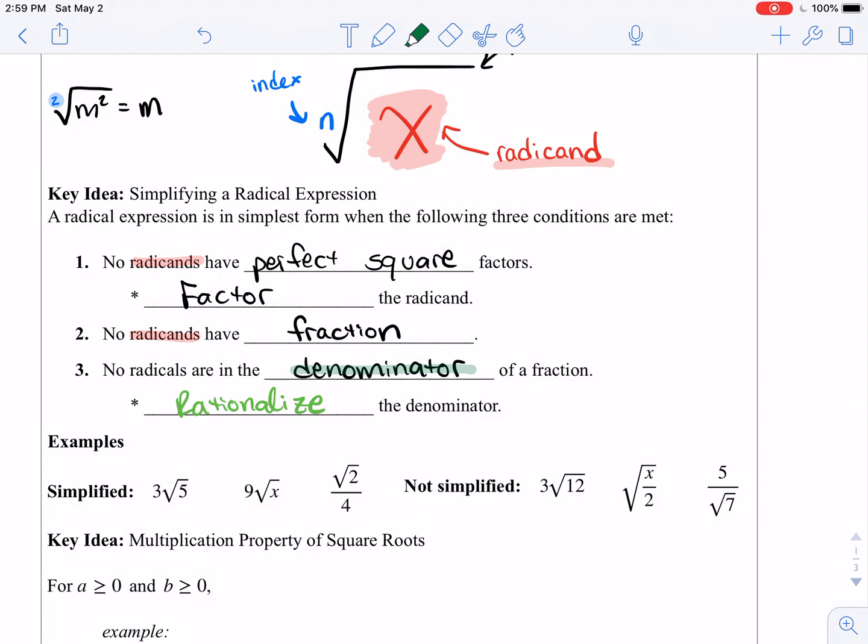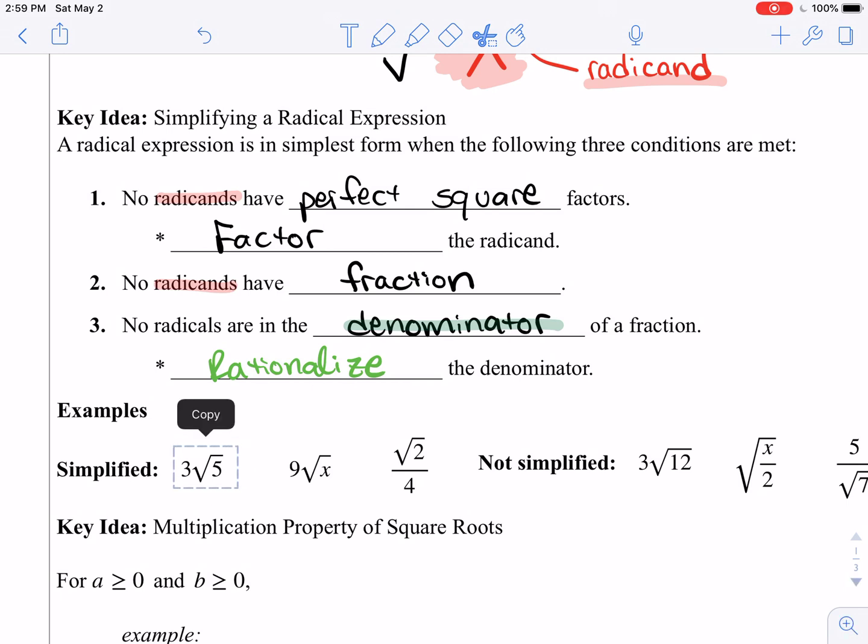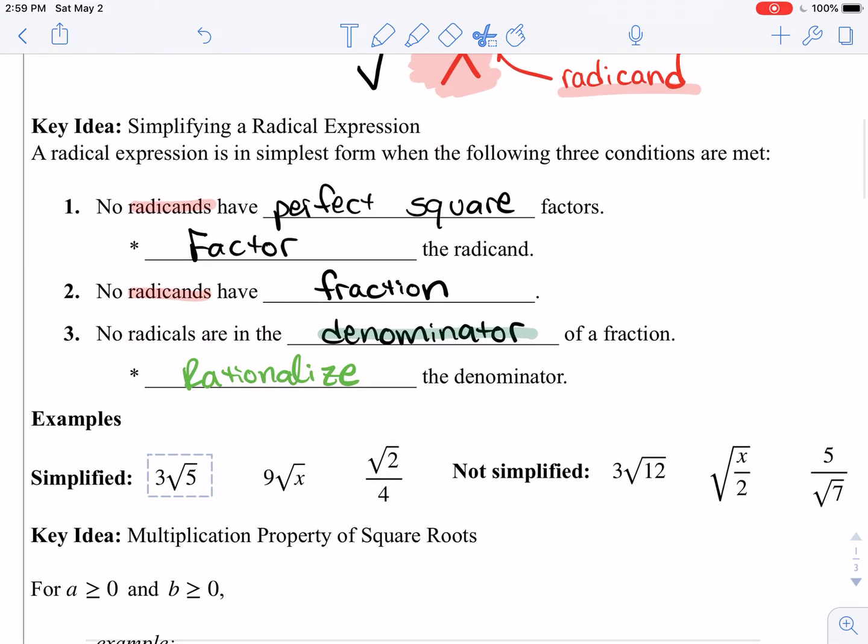So let's look at some radical expressions and show why they're simplified. So here, 3 times the square root of 5 is a radical expression, and it is simplified because 5 doesn't have any perfect square factors.